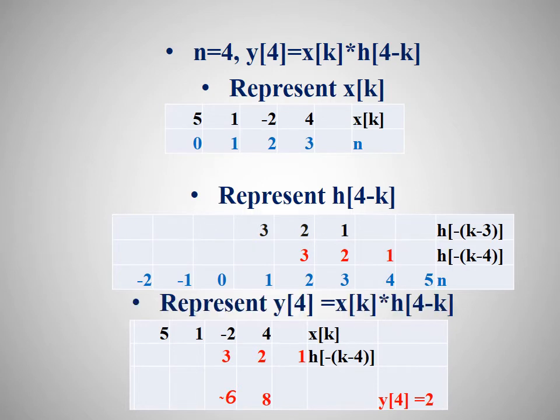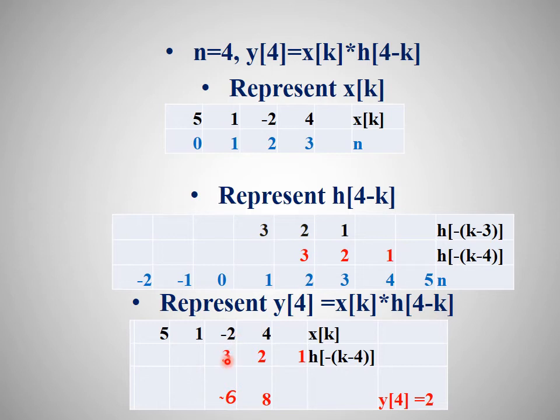What happens in our next case, where we would like to evaluate y of 4 is going to be equal to x of k into h of 4 minus k. This is written as at n equal to 0, 1, 2 and 3. The values are 5, 1, minus 2 and 4, as is given for x of k. For h of minus k minus 4, it is at starting only at 2.